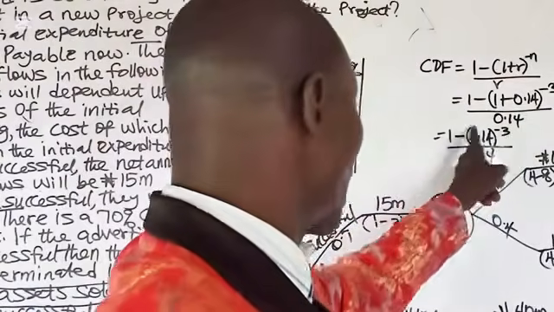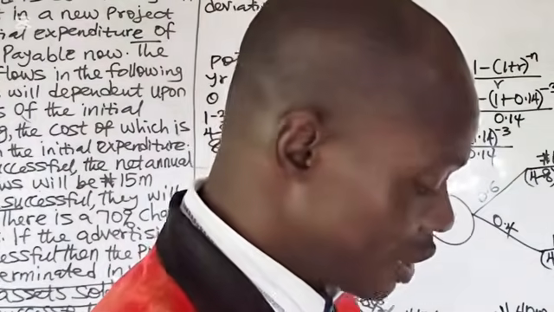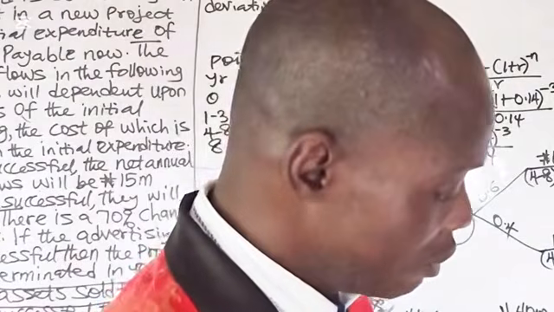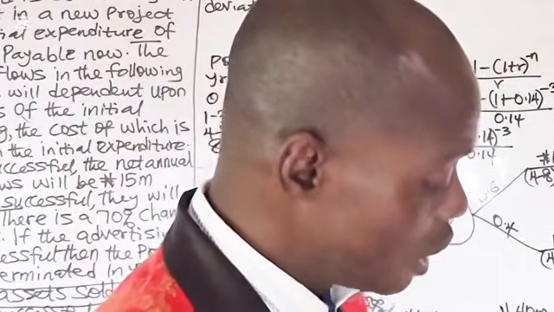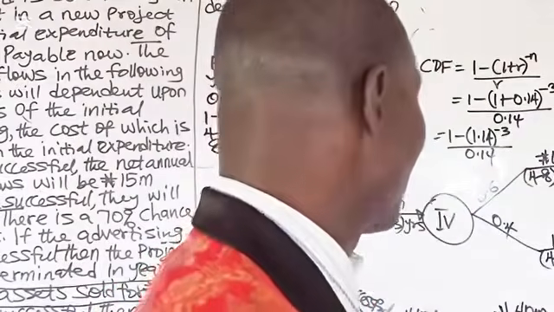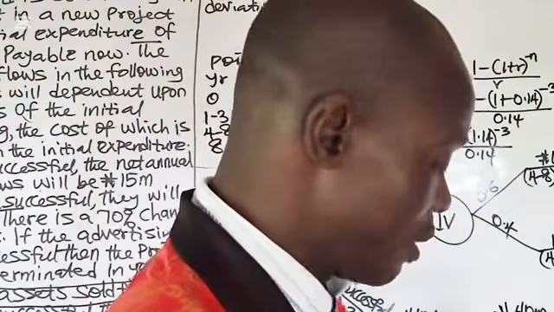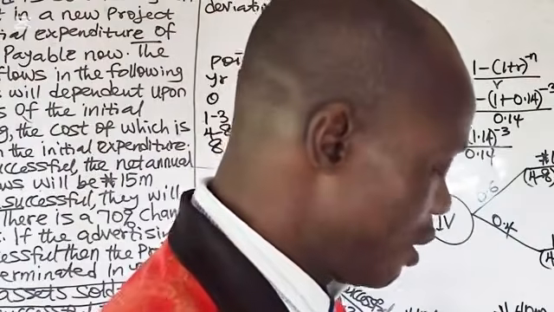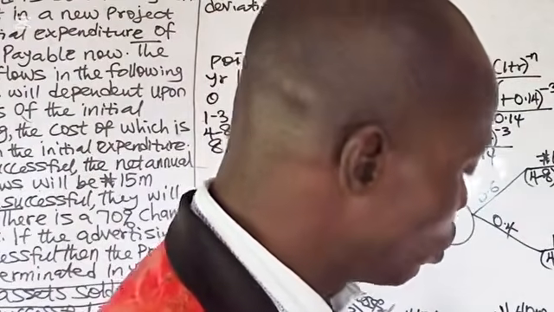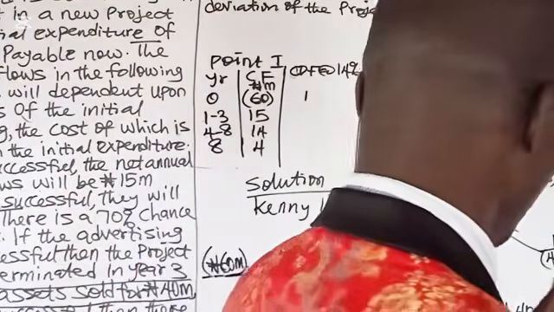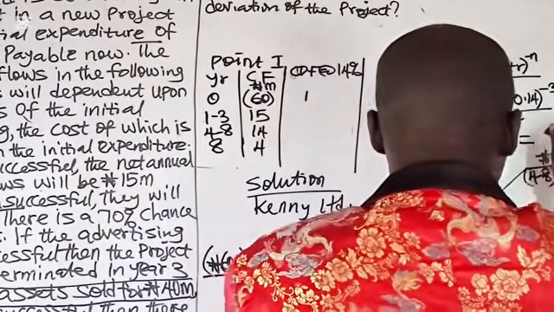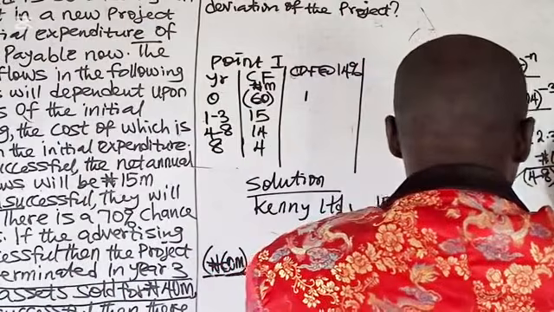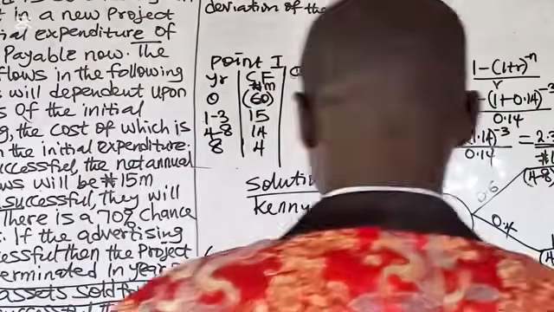You now subtract it from 1, which gives you 0.325028483. Now divide the result by 0.14, which gives us 2.321632027, approximately 2.32 to 2 decimal places.